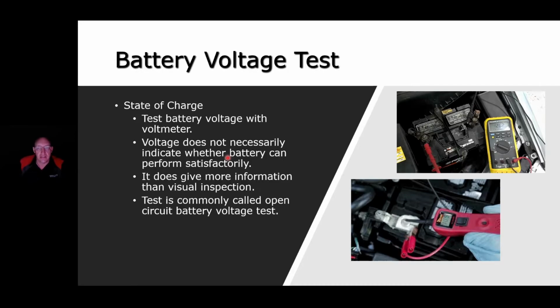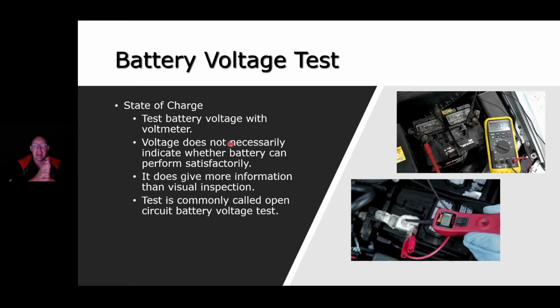Absolutely, it does. Let me take that back. Absolutely not. The voltage doesn't necessarily indicate whether the battery can do its job satisfactorily. The voltage gives us a good indicator of what state of charge is. Okay, it does not give me more information than the visual inspection.